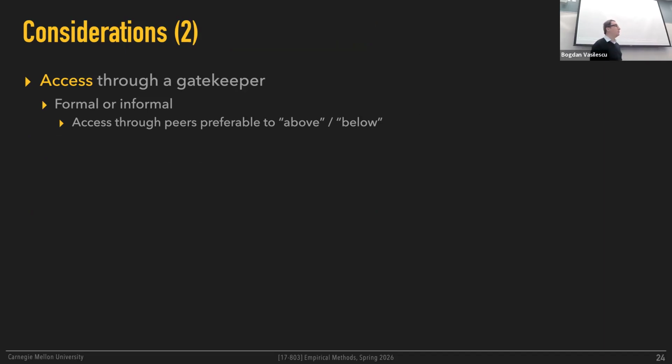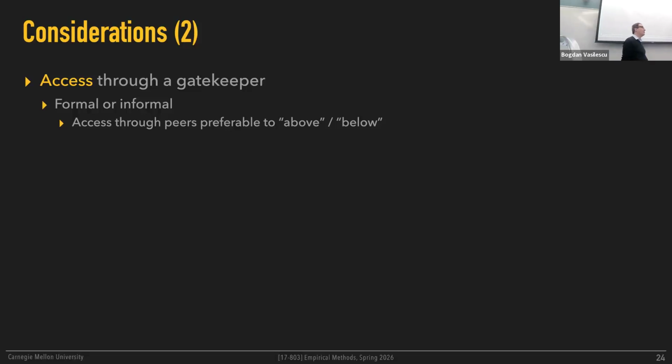How do you get access to your interview participants? Well, for example, maybe you access them through a gatekeeper, someone like their boss or somebody they report to, right? So you essentially recruit the boss for your study.